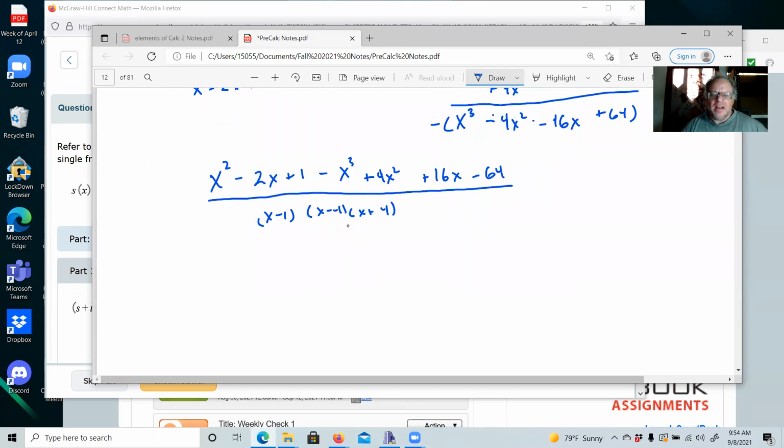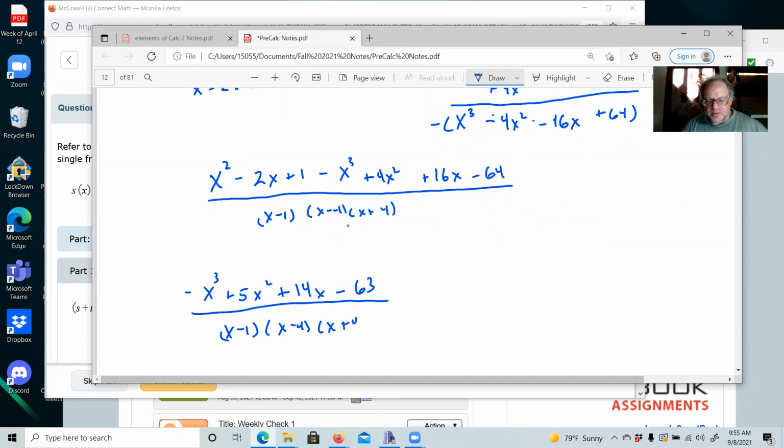So it's a minus x cubed plus 5x squared plus 14x minus 63, over x minus 1, x minus 4, x plus 4, and that's going to remain.